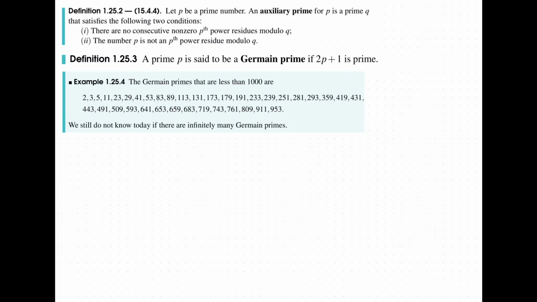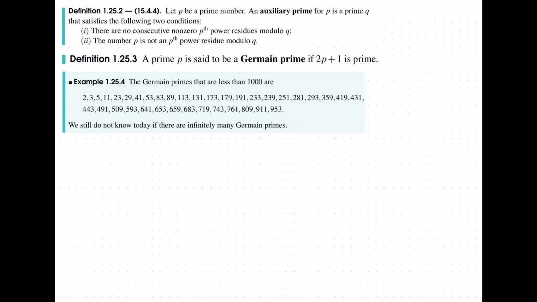And so we have that 2 is a Germain prime, since if we take 2 times 2 plus 1, we get 5. 3 is a Germain prime, because if we take 2 times 3, 6, plus 1, 7, then we have 7 is prime, so 3 is a Germain prime. Similarly with 5, we get 2 times 5 plus 1 is 11, so 5 is a Germain prime.